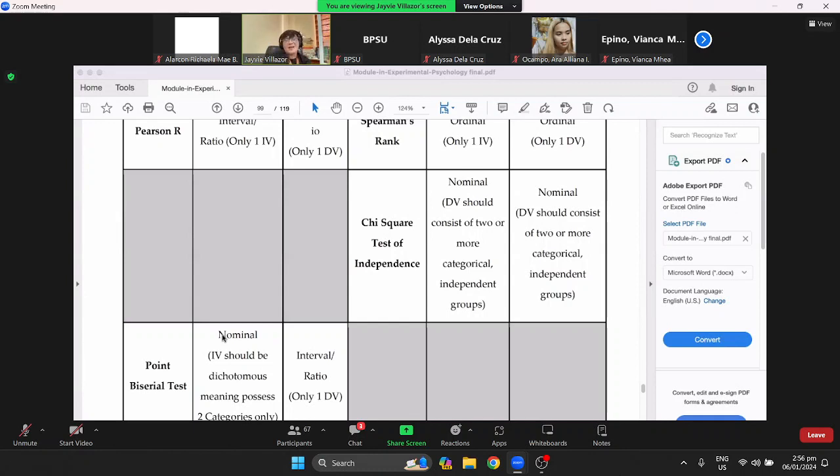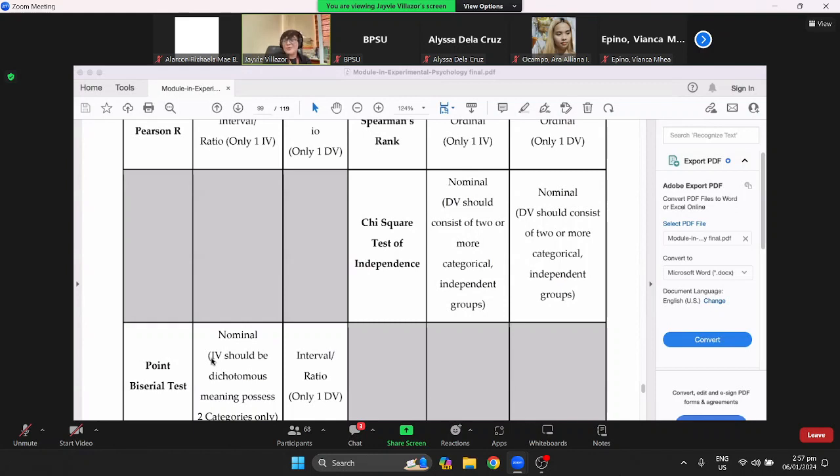Ang number 1 example dyan, ganito. Pag ang study mo ay ang independent variable mo ay gender. Ang gender mo, kailangan, again, dichotomous. Babae, tsaka lalaki. Tapos, ang dependent variable mo ay test score ng lalaki tsaka ng babae.